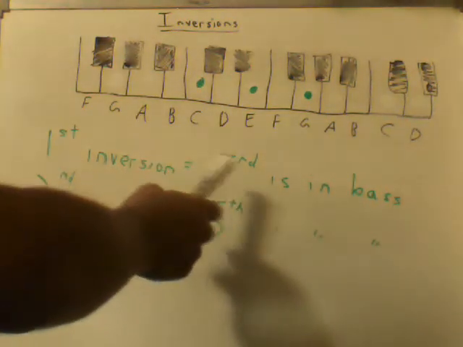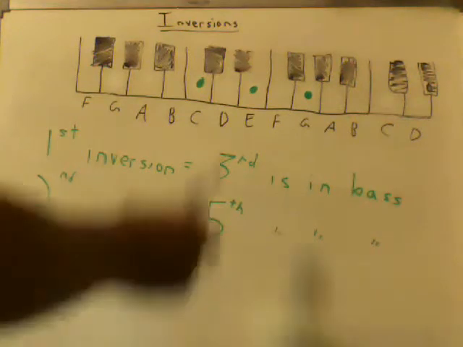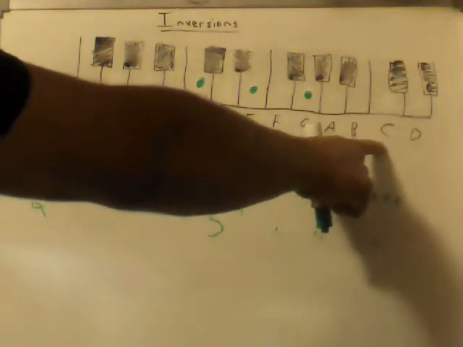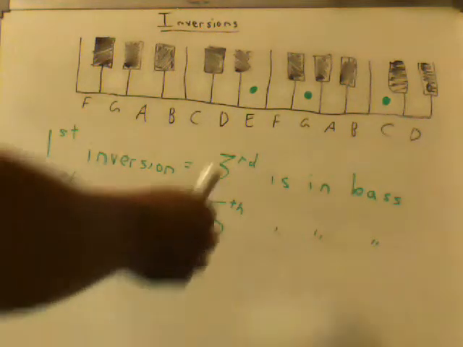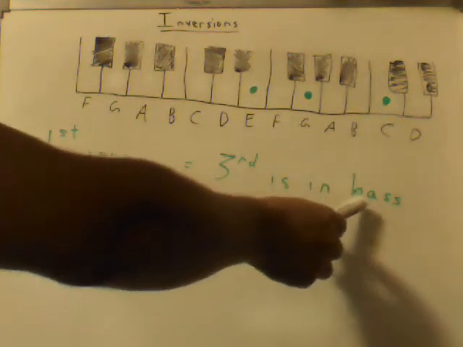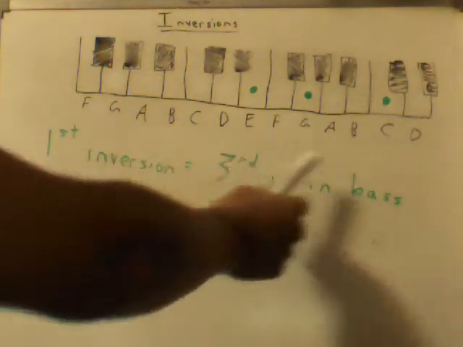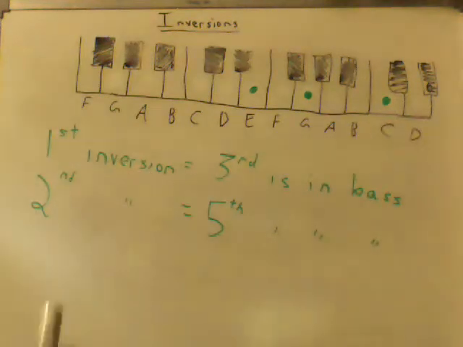And if we wanted to make the third the lowest note in the chord, we could just move the C note right here up to where the other C note is. So we're just going to take this out, and now C is up here, and E, which is the third, is now the lowest note in the chord. So we just made a C major chord with a first inversion.